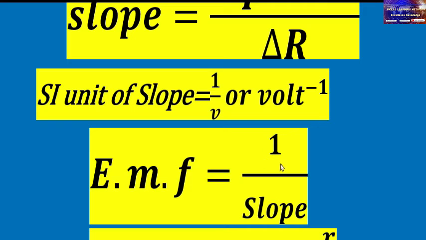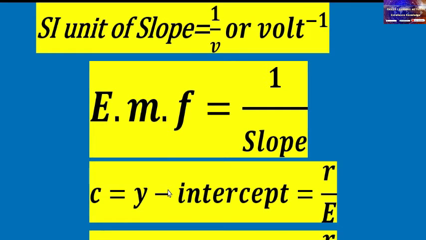When you get the slope, the reciprocal of the slope is equal to the electromotive force. Then you make a substitution. Let's say if the slope is 3, you say 1 over 3 is equal to the electromotive force.